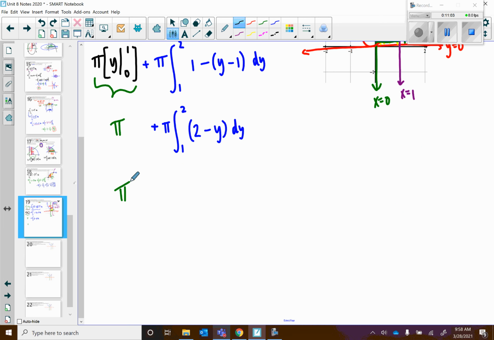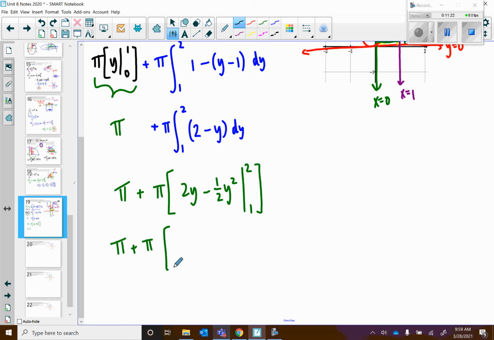Down here, okay, so we got pi that's coming along for the ride plus pi times the quantity 2y minus 1/2 y squared evaluated from 1 to 2. And we plug in all of our values. All right, pi plus pi times, first we plug in 2. 2 times 2 minus 1/2 times 2 squared, minus, and then we plug in our lower bound, 2 times 1 minus 1/2 times 1 squared.